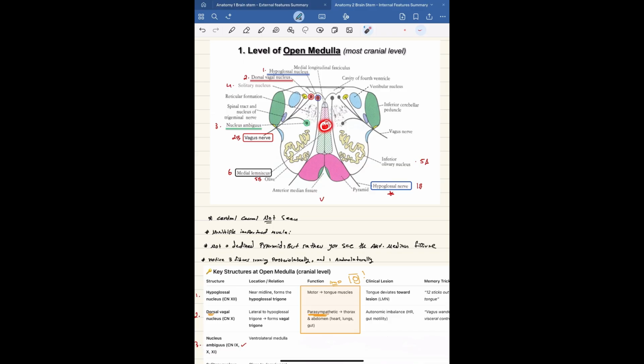So right away we know that this is not a closed medulla. That's one feature. Second feature: remember when I told you about the panda ears for the midbrain? It's not that. And for the pons, a belly shape, we don't have that here. So what's left is the medulla. So we got the medulla here. No central canal, that's open medulla.